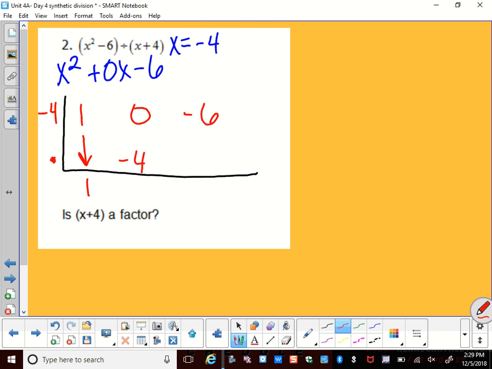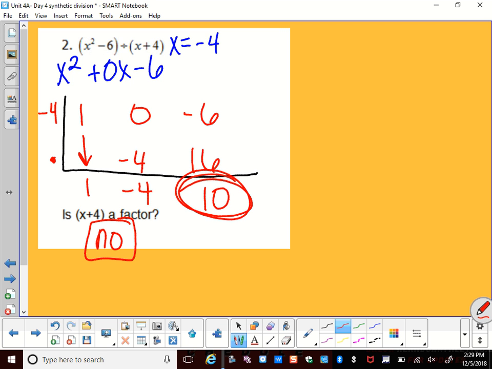I add going straight down. 0 plus negative 4 is just negative 4. Negative 4 times negative 4, I get positive 16. And then if I add going down, I get 10. Usually I think it's 0, right? So is this 0? No. So it is not a factor.